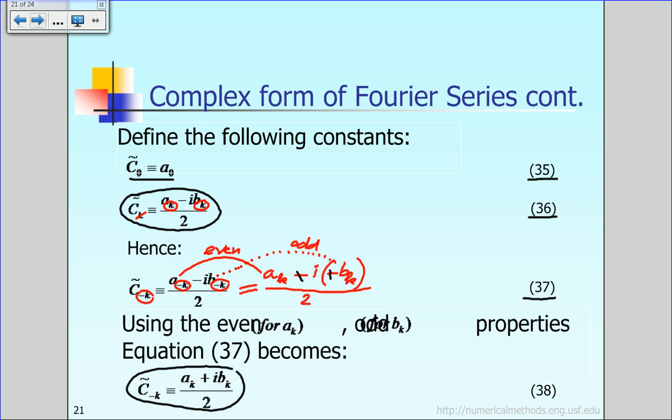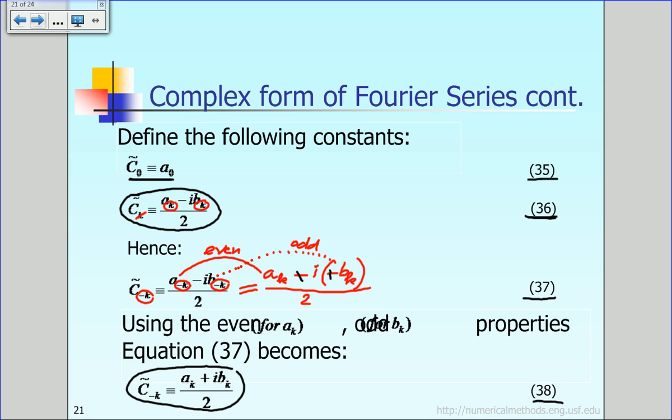So in other words, we have the definition C naught equal to A naught according to equation 35. C tilde k definition is given by equation 36. And C tilde minus k, the definition is given by equation 38.